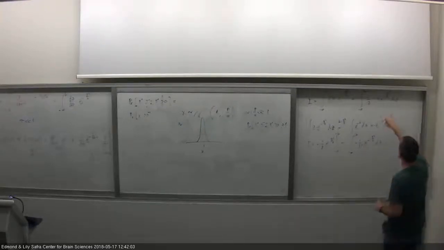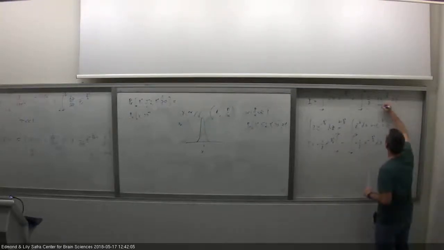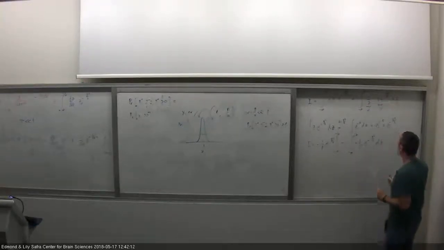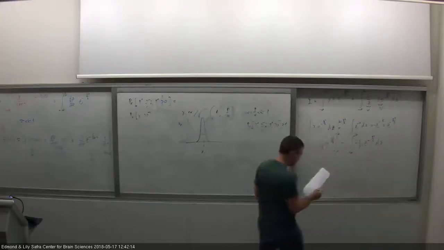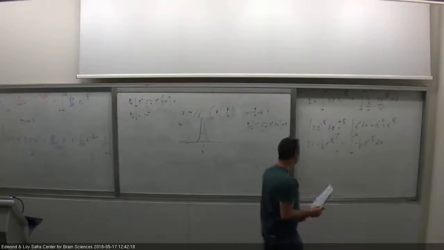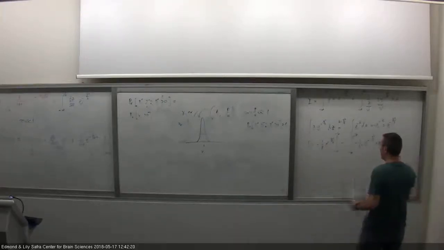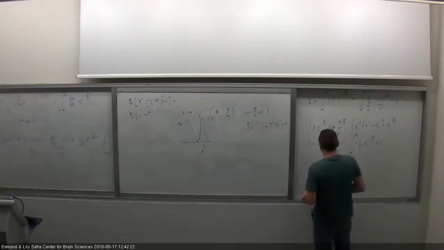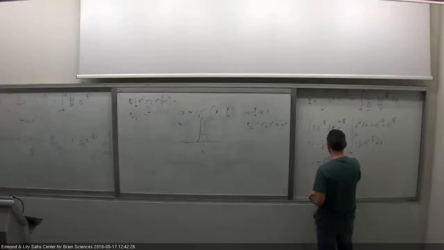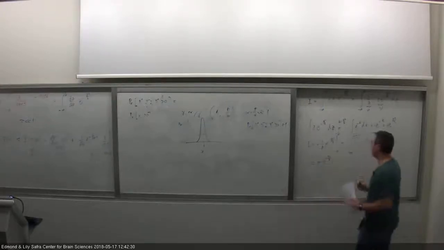So this is integration by parts. This is what we call u, this is v prime. So this is equal to sigma e to the minus z squared over 2. This is the first term.